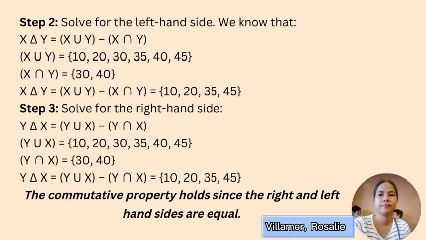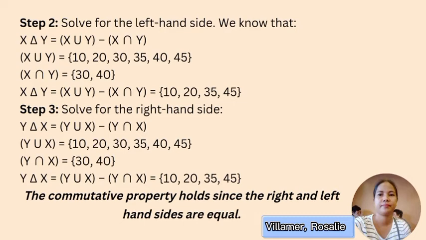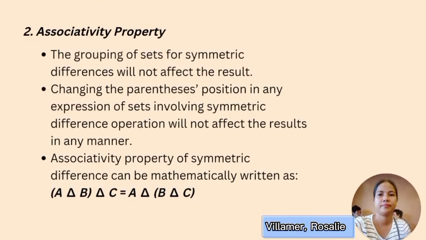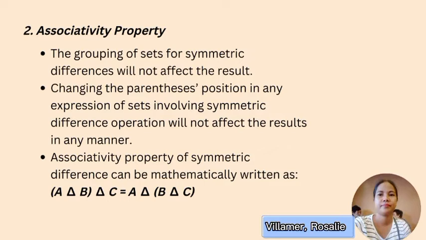The commutative property holds since the right- and left-hand sides are equal. Here is the second property of symmetric difference. Number 2 is the associativity property. The grouping of sets in symmetric differences will not affect the result.